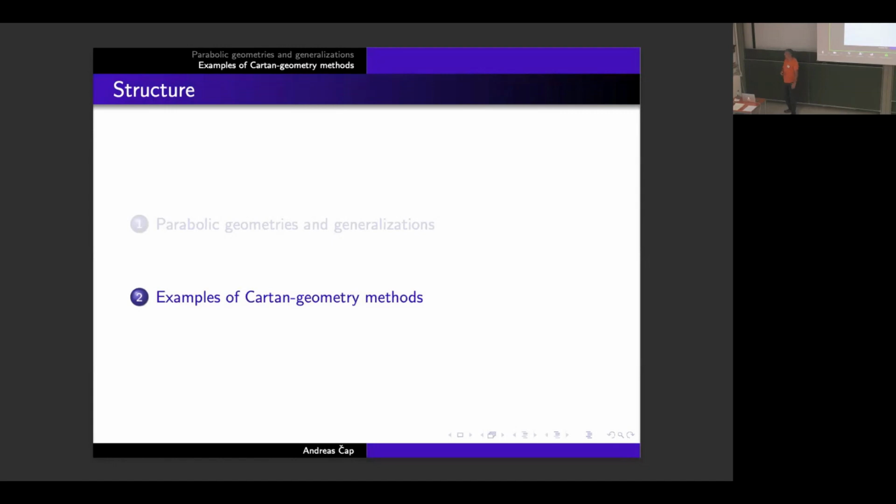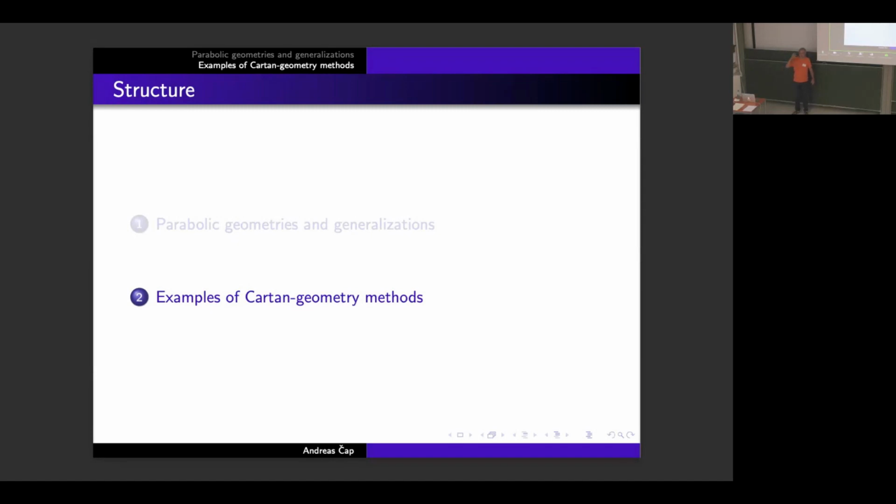Okay, so now let me come to the second part and let me sketch a few Cartan geometry methods. The main point I want to make here is, again, you can see everything from the homogeneous model.